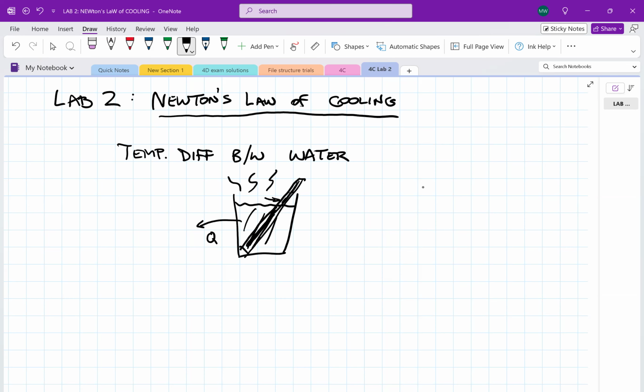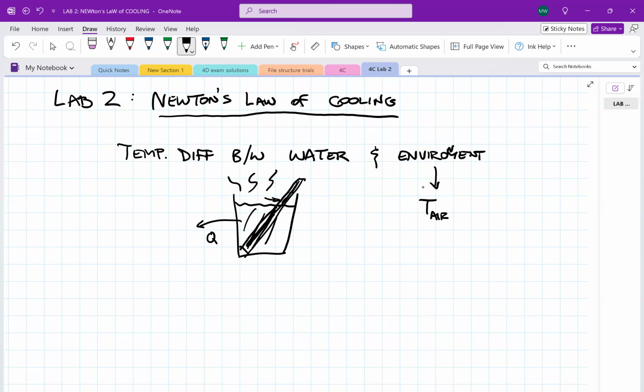Okay. So the temperature difference between the water and the environment, the surrounding air. You'll need the temperature of your environment. We'll call that the temperature of the air, so make sure you take that first and remember that that's what it is.